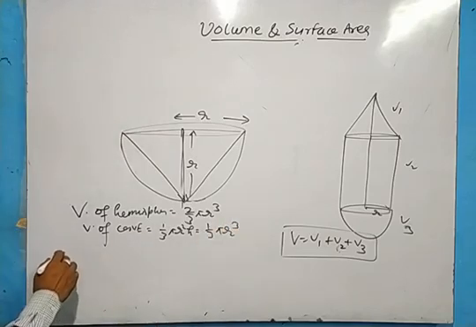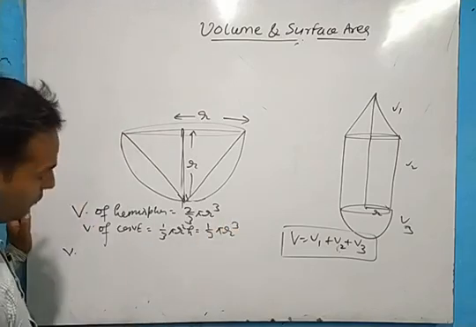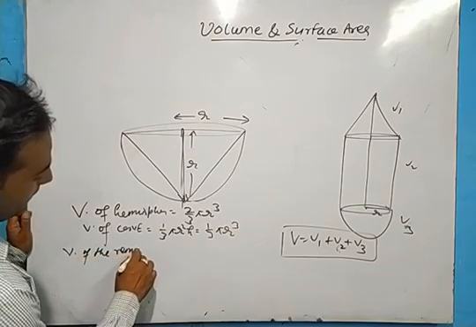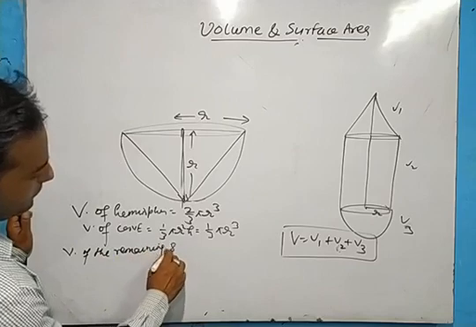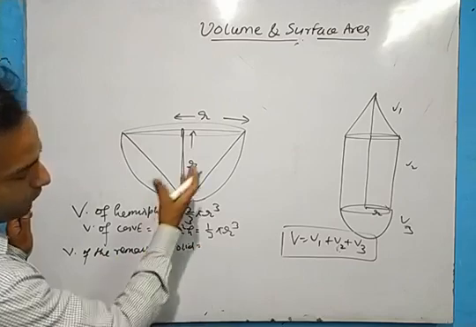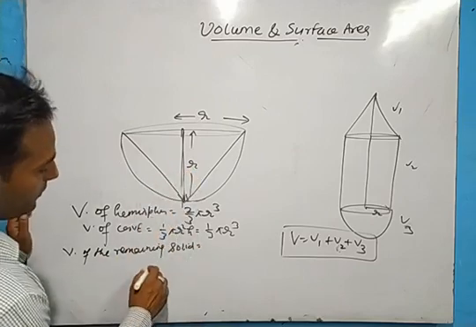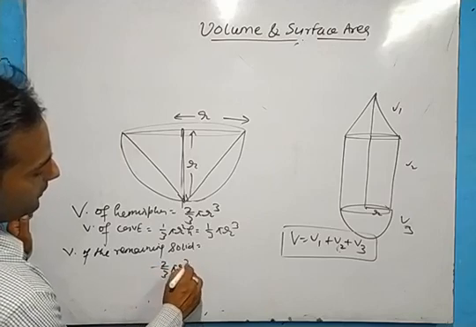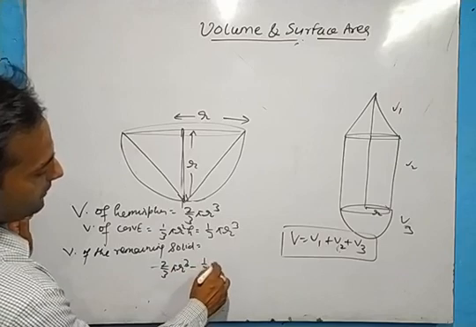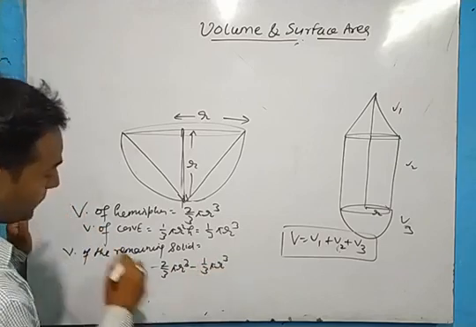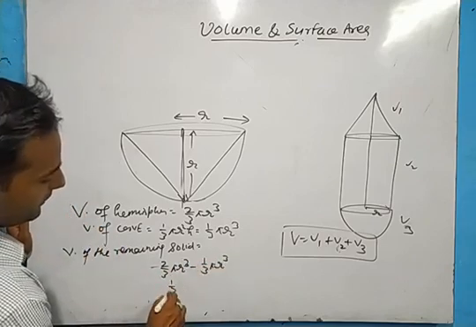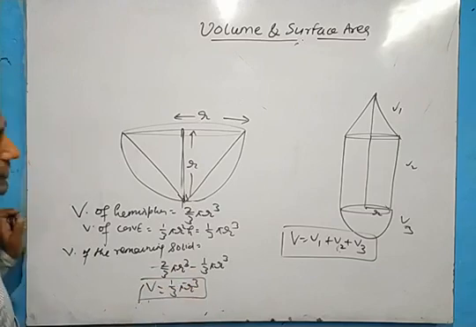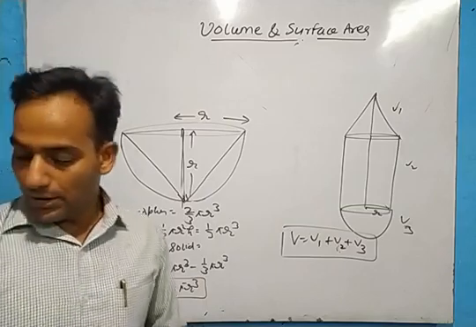So the volume of the remaining solid after removing the cone is volume of hemisphere minus volume of cone, that is 2 by 3 pi r cube minus 1 by 3 pi r cube. So 2 minus 1, that is 1 by 3 pi r cube will be the volume of the remaining solid. So you will get these types of questions.